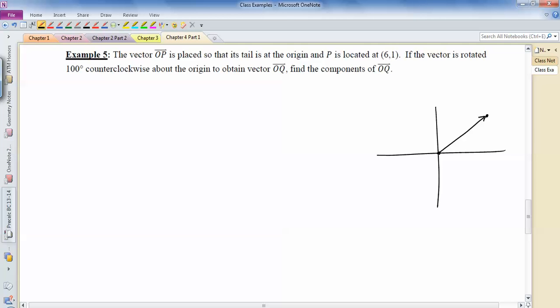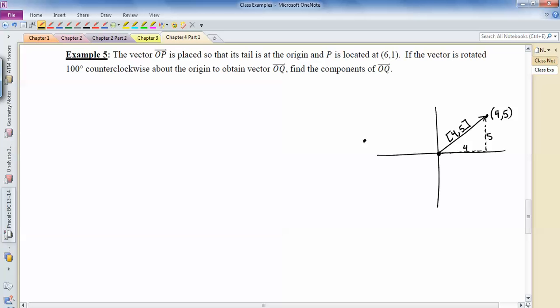It doesn't go on forever, it ends at the end of the arrow. So if that point is at, let's say, 4, 5, then this vector is called 4 comma 5. It just means that in order to get from wherever its tail is to wherever its head is, you have to go 4 units in the x direction and 5 units up. That's all it means.